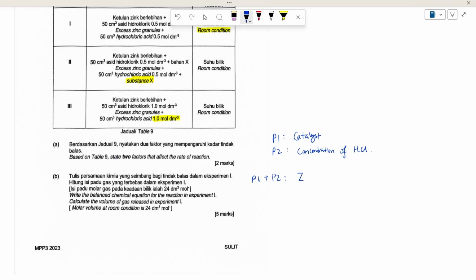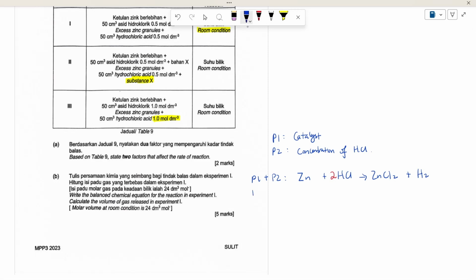So zinc reacts with hydrochloric acid, so produces zinc chloride and hydrogen gas. So it is not balanced, so balancing another 1 mark, so this one times 2. Okay, so this is 2 marks.